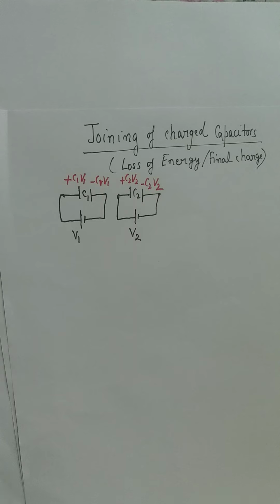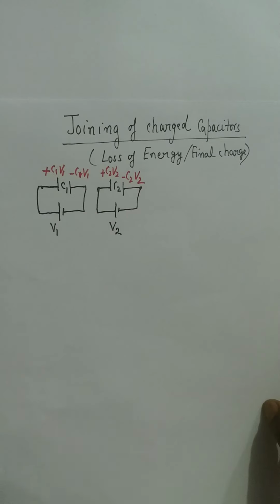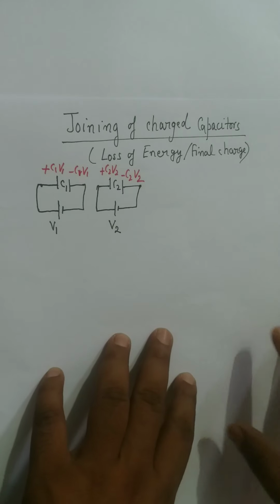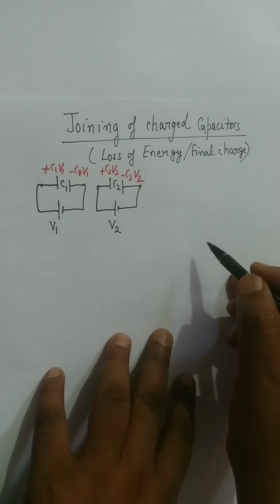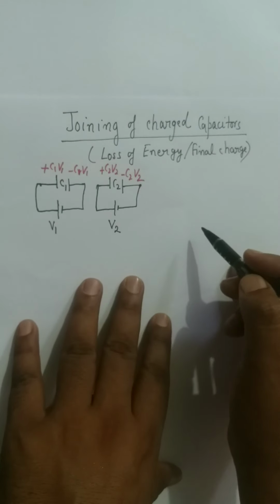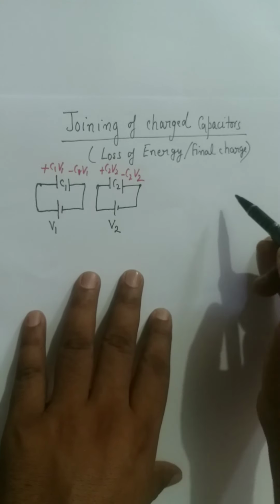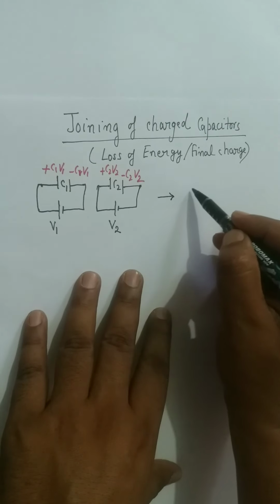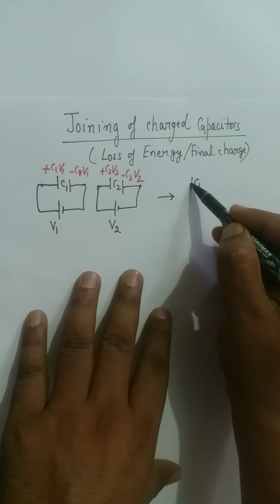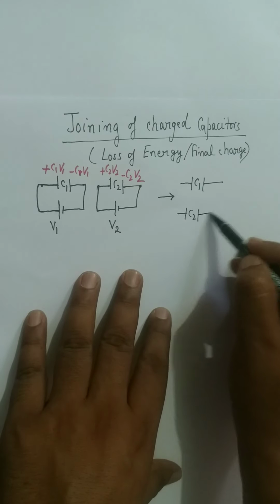Now what we are going to do is disconnect the capacitors from their respective batteries, and then connect these two capacitors together. Capacitor C1 and capacitor C2 are both disconnected from the batteries.